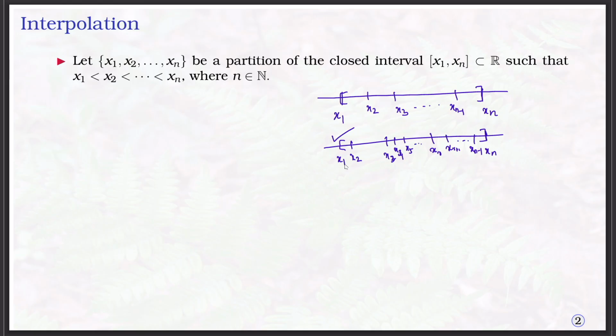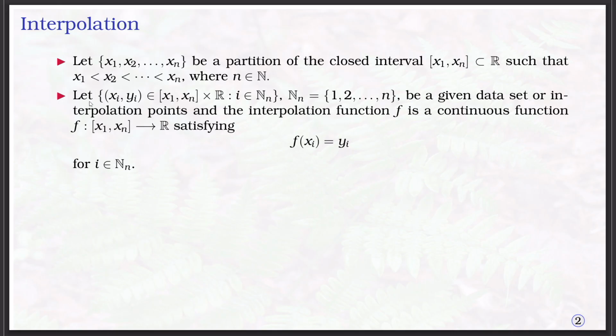The only constraint is that we take the partition points in increasing order, that means x1 less than x2 less than x3 and so on, xn minus 1 less than xn. That means xi is less than xi plus 1 for all i from 1 to n minus 1. It will satisfy this, so we consider this as an increasing sequence.